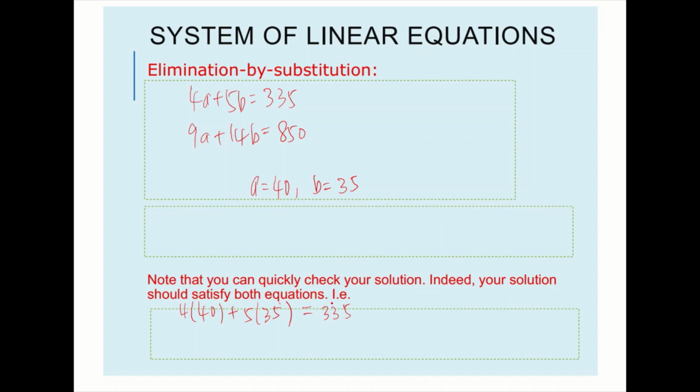Provided the next one you also get the answer: 9 times 40 plus 14 times 35. Key this into your calculator. If you get 850 for the second equation and 335 for the first equation, it means that your answer is correct. This is how we check our solution.